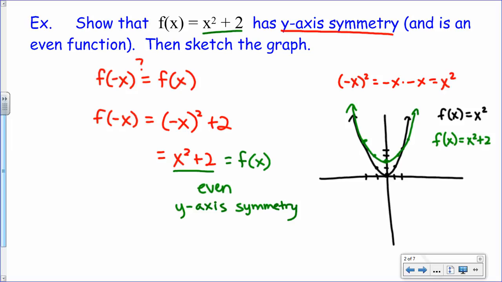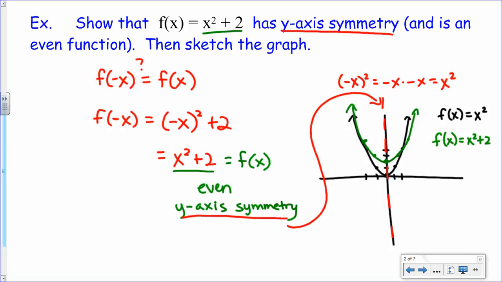Okay, so that's the graph. Again, it's just a sketch. This is actually a better sketch than what you really need to do. You don't need specific points here. We just want to sketch it so I can see this symmetry. So for y-axis symmetry, there's my y-axis, and I'm looking at the green graph now. I can tell that this is symmetric on that line.